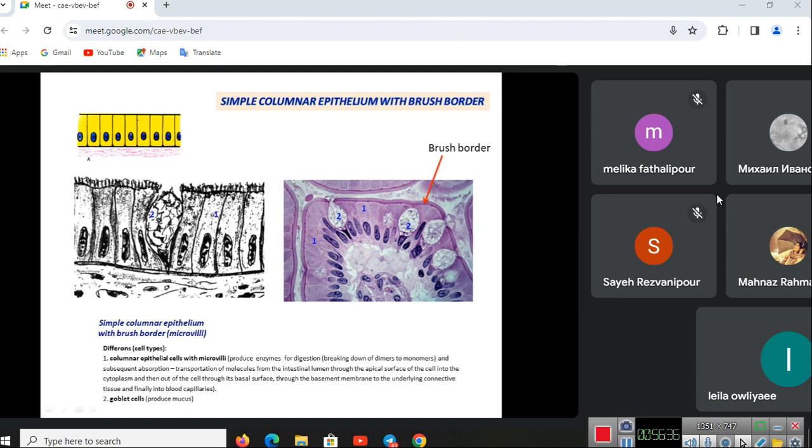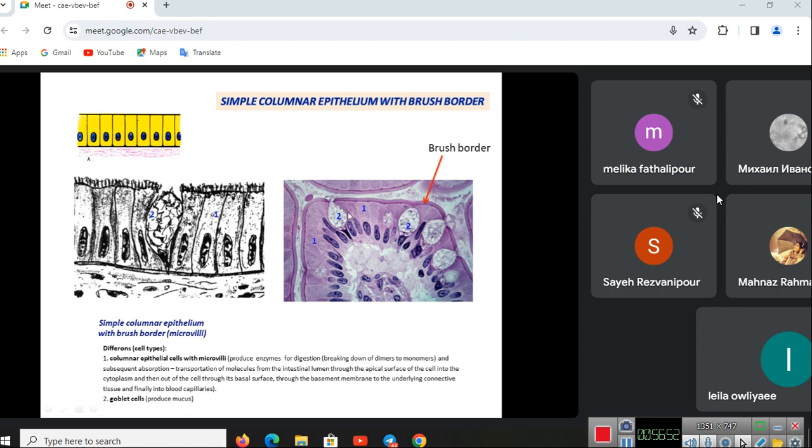And second cell type here is called goblet cells. Goblet is the name of the cup for drinking, and this describes the specific shape of these cells.